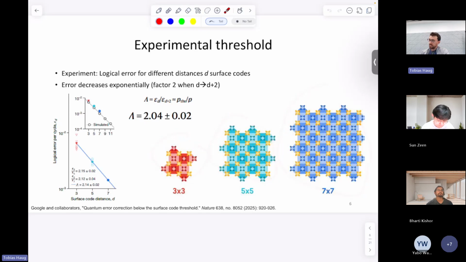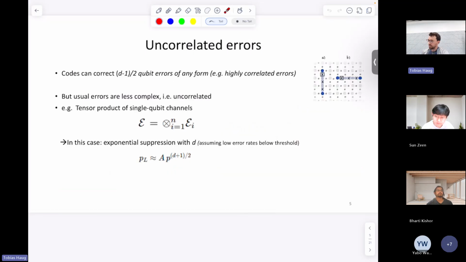They performed the usual syndrome extractions and decoding, and computed the logical error against the code distance. What they observe is that with increasing distance, the logical error goes down. On a log plot, you find a line, which means the error goes down exponentially, pretty much in the form we expect, exponential in the code distance.